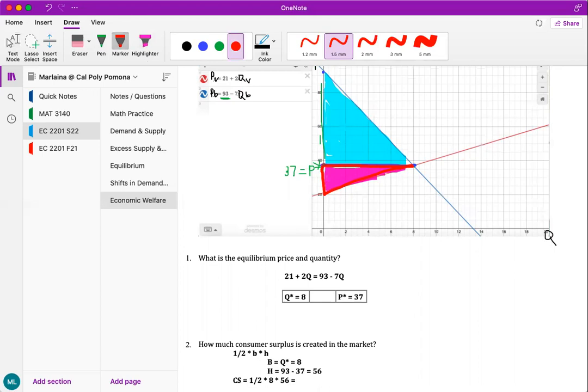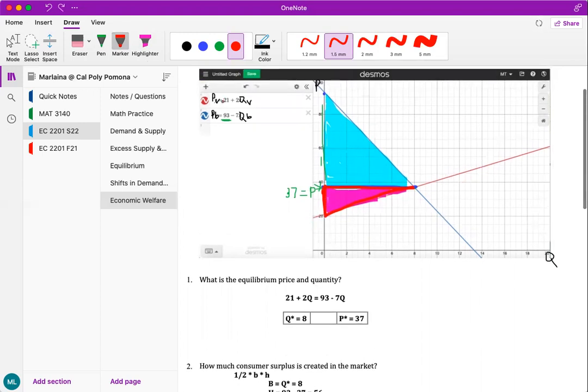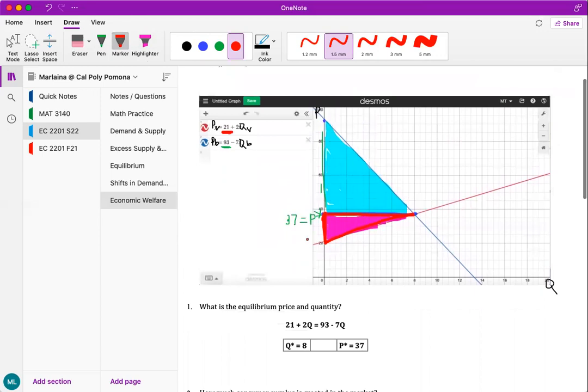And then our height is going to be, we're going to go from right here at P star down to where the supply curve intersects the y-axis, which is the y-intercept. In this case, it's going to be 21. So we're going to be looking at the difference from 37 to 21.